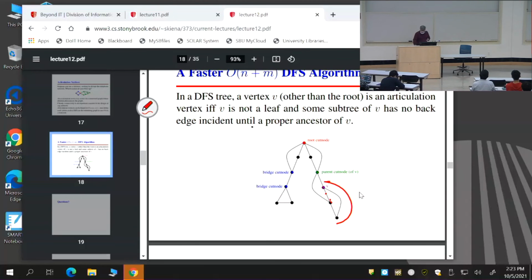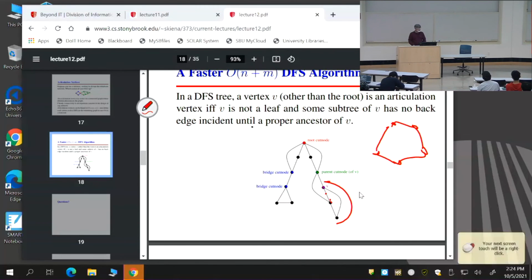If I had a graph that was a cycle, let's say my entire graph was a cycle, is any node here an articulation vertex? So there's no way that picking one to be a root can make it bad, right? But what happens if we do a DepthFirst search of this cycle? What's that DepthFirst search tree going to look like?